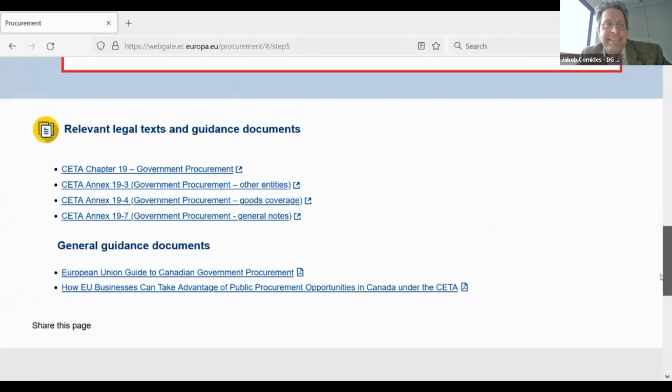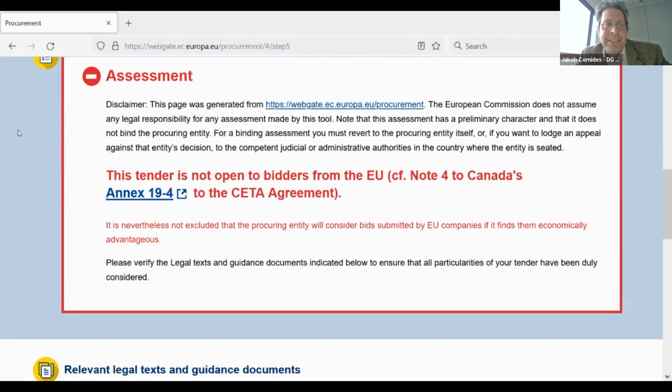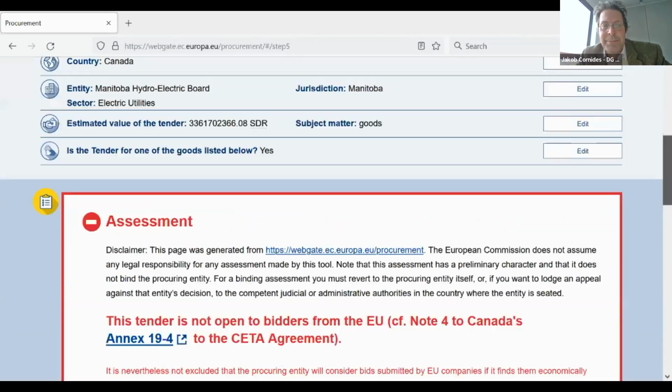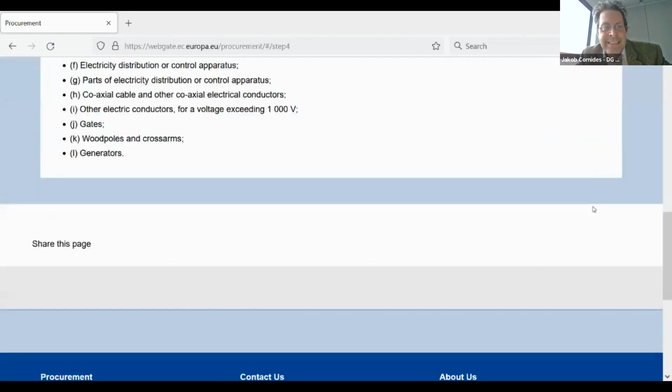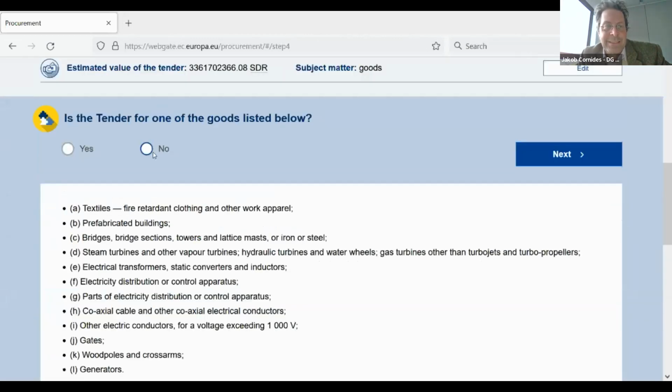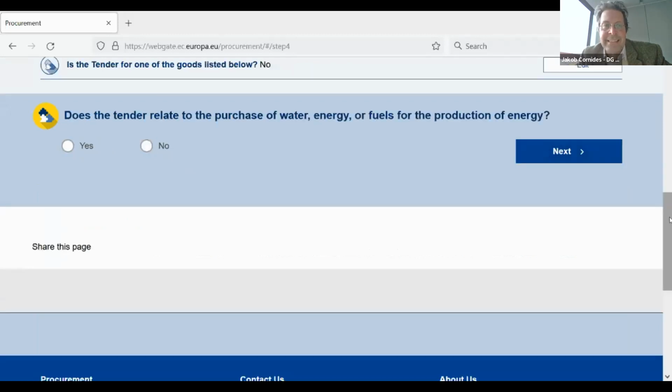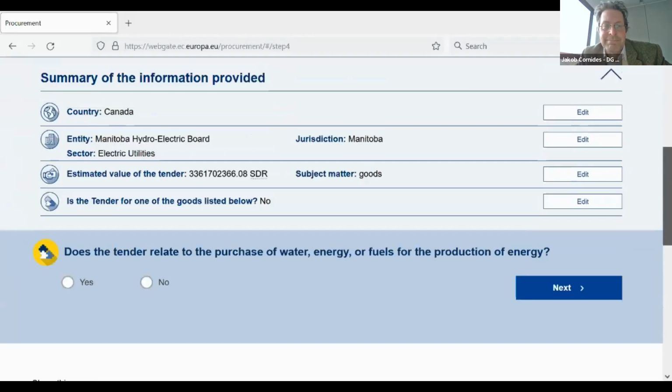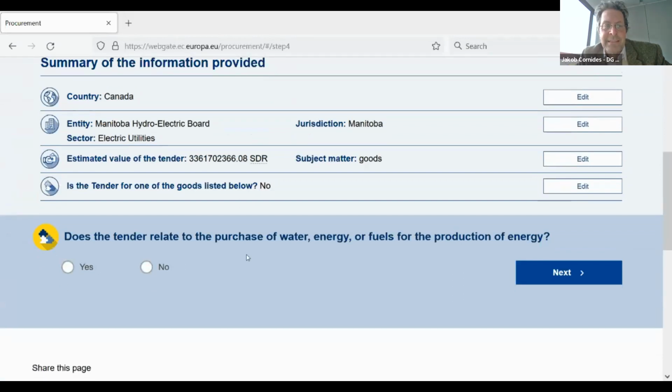This time, for the sake of time, I'm not going to show you the annex where it says this. But let me correct myself once again and say, in fact, no, it's for a different good. I get another follow-up question. Does this tender relate to the purchase of water, energy, or fuels for the production of energy?